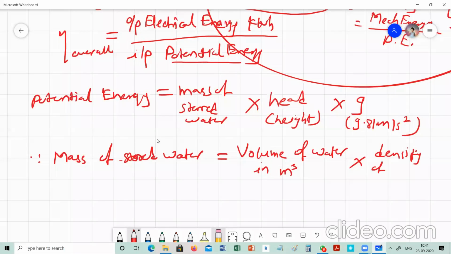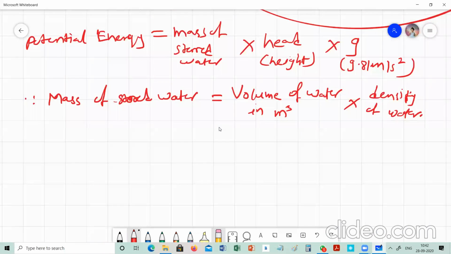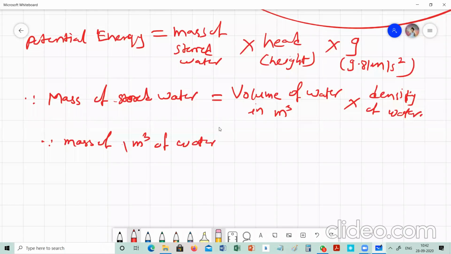Density of water means, if we take 1 cubic meter of water, what is its weight? 1 cubic meter of water weighs 1000 kilograms.